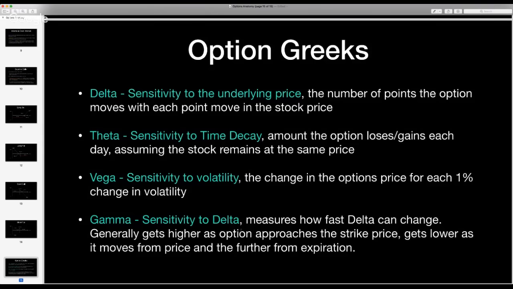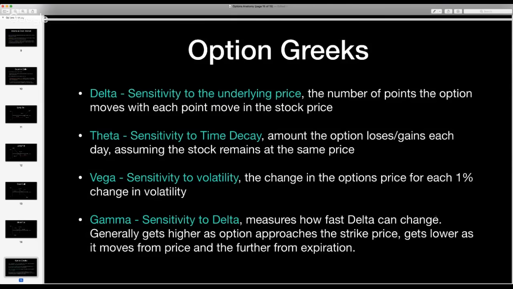The gamma is kind of like the accelerator, an acceleration of delta. Or maybe the velocity of delta, the change in price, or the change in the bullishness or bearishness. I guess it's acceleration. It measures how fast the delta can change. Generally, it gets higher as an option approaches the strike price.